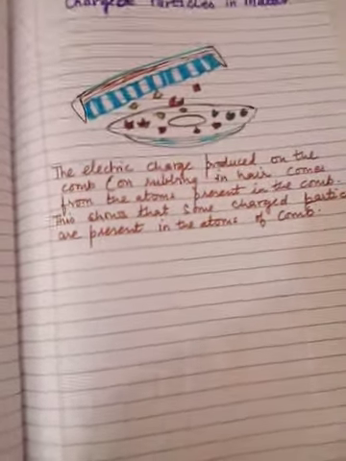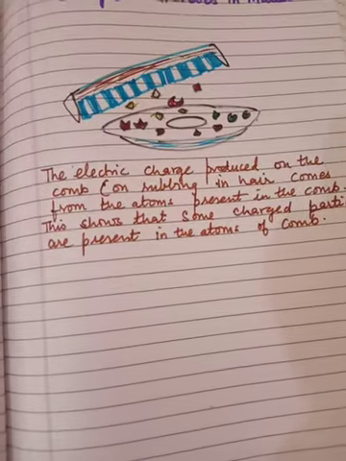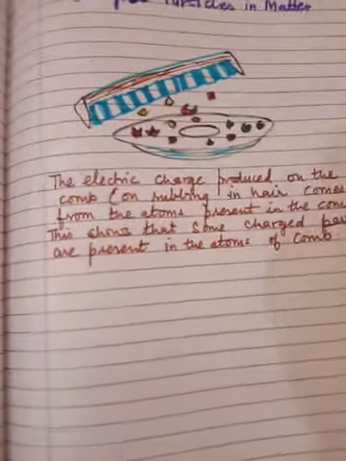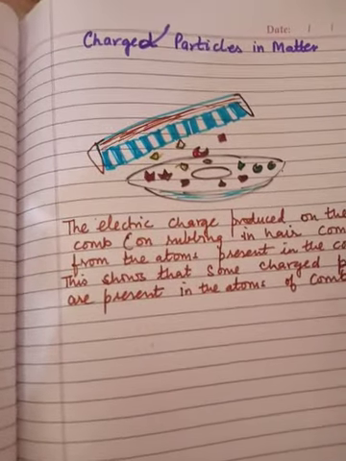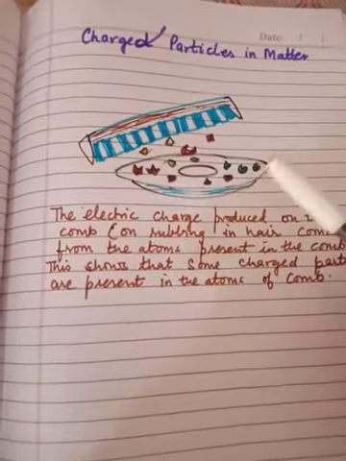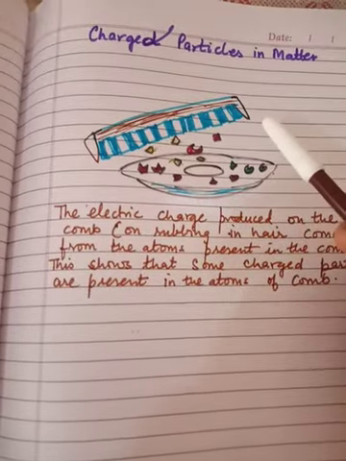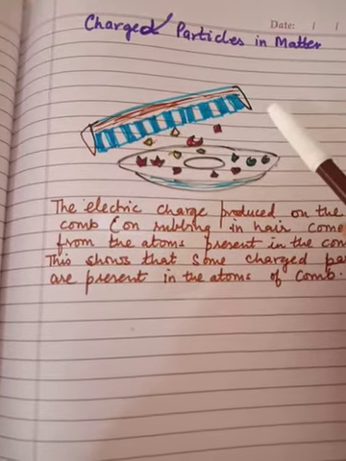But how does it happen? On rubbing with dry hair, a comb gets an electric charge.